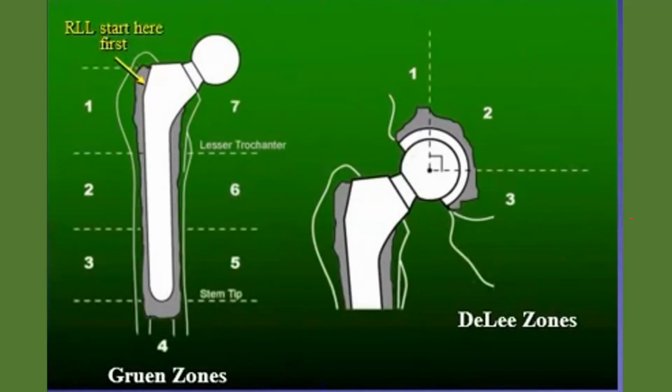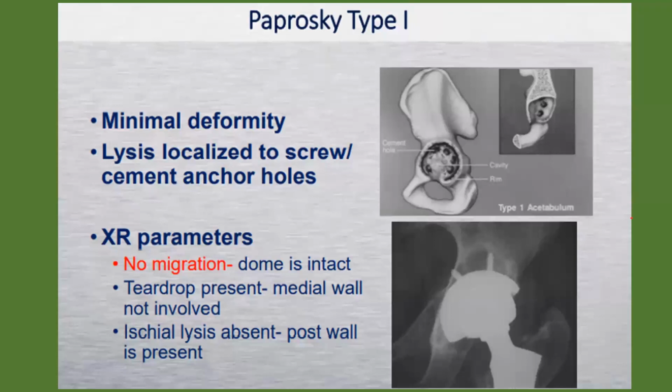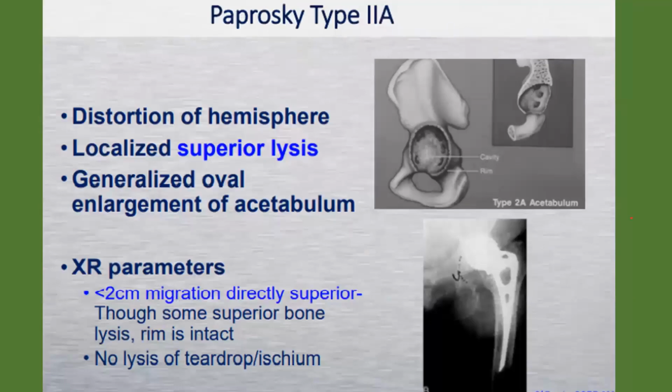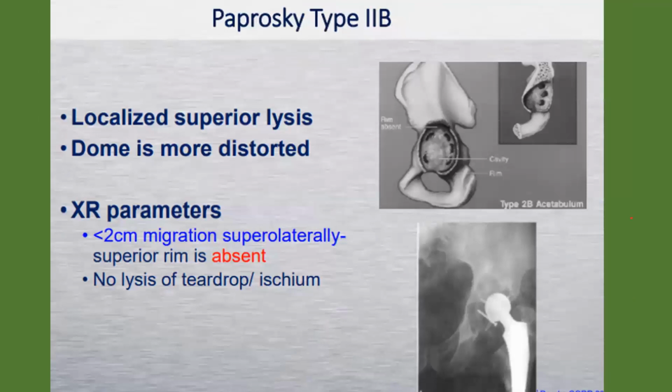So you have to know this. And you have to know about the Paprosky type 1 fractures, of what you should do, type 2A fractures. All these are important for you to know that you have learned over the years.